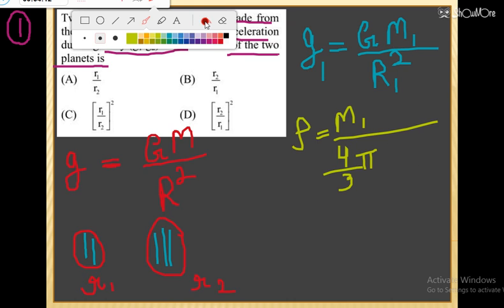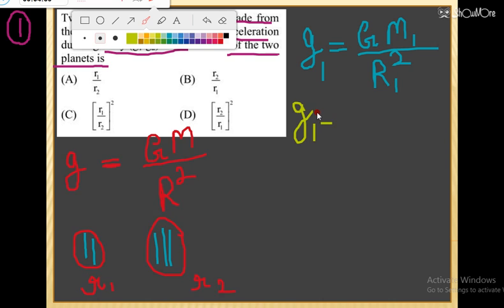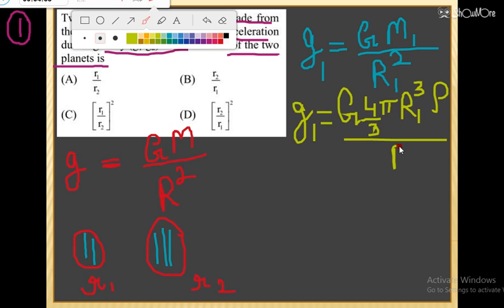Now I am writing this relation here, so that g1 will be equal to capital G into 4 by 3 pi R1 cube into density rho, by R1 square. Density will be the same for both the bodies. This is the relation for g1.